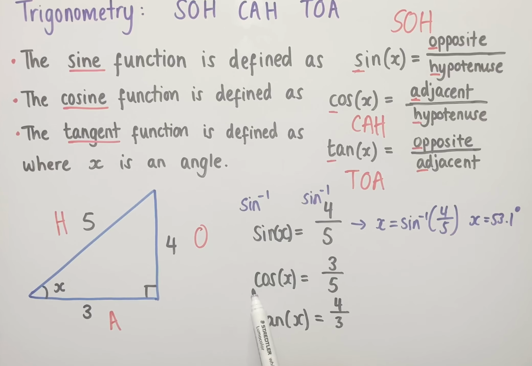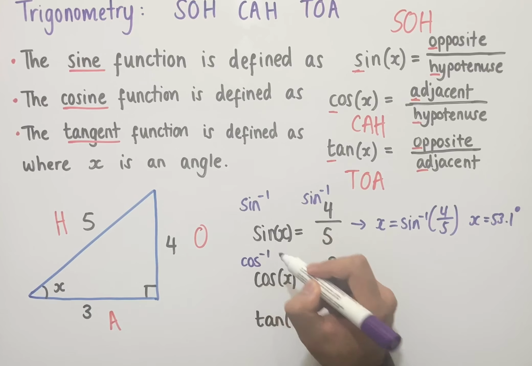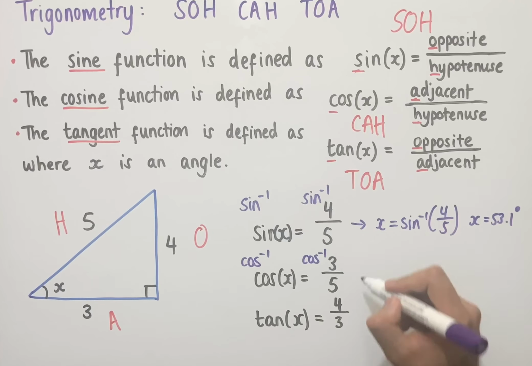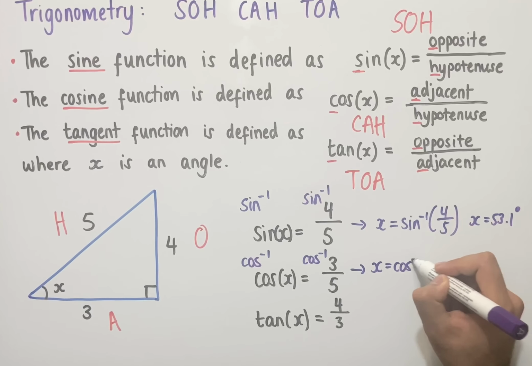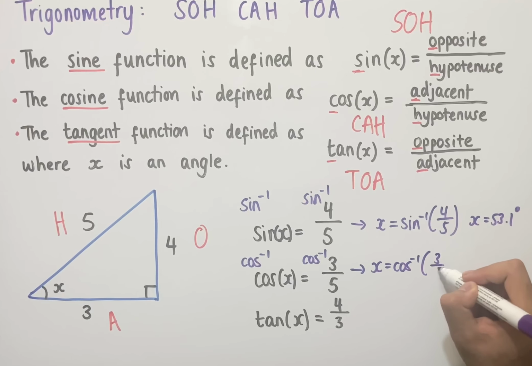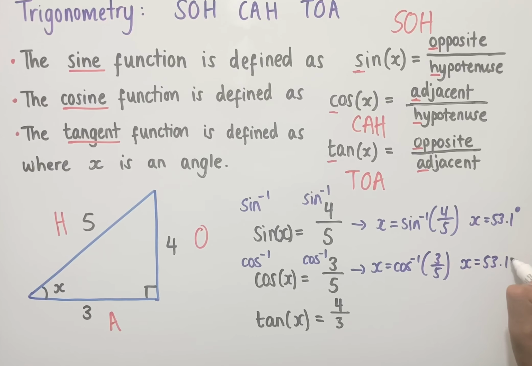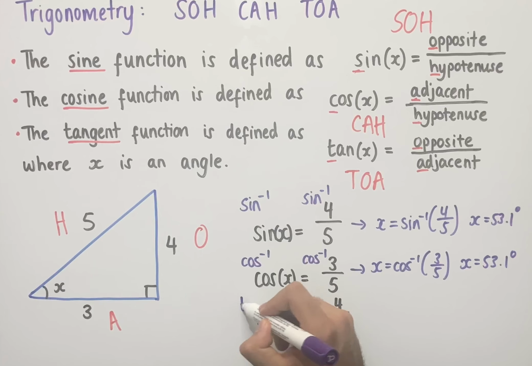Similarly, the inverse of cos is cos inverse, and we can get this on a calculator by typing shift and then cos. So we apply cos inverse to both sides, and so we get that x equals cos inverse of 3 over 5, which if we put on a calculator to one decimal place, we find that x equals 53.1 degrees. And finally, for this last equation, the inverse of tan is called tan inverse.